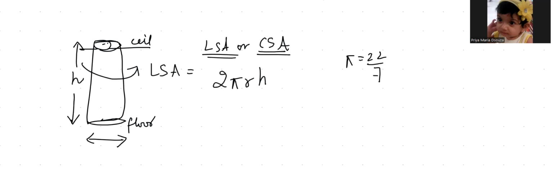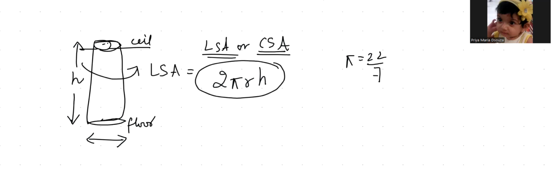Otherwise, if diameter is given, you should take half of it, because in all your formulae, that is area, total surface area, volume, curved surface area, and all that, you need r there. It's in terms of r. So CSA or LSA will be 2 pi r h. Substitute those values, and you will get the CSA, and it will be like you're painting it at the rate of so many rupees per meter square. For example, if you get a sum like this, you should be able to write it.